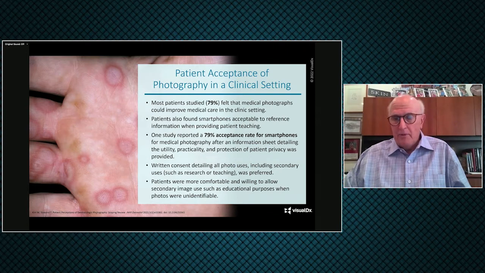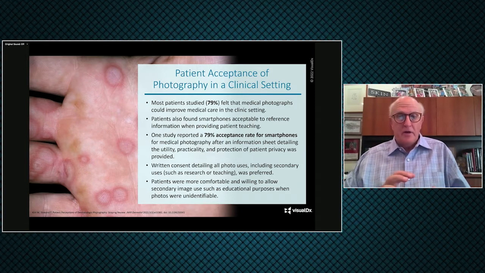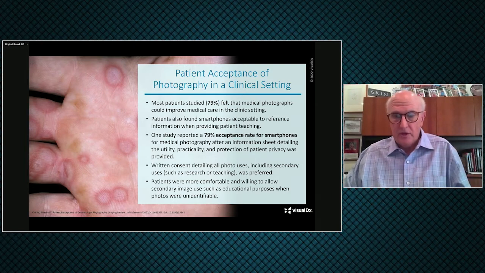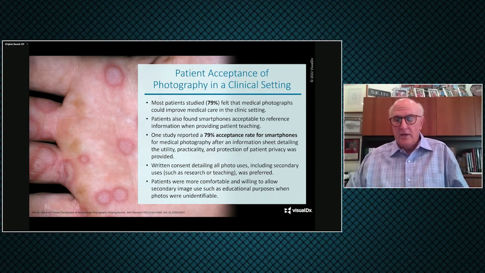We'll talk a little bit more about smartphones because there are definite issues with using your smartphone, whether it's going directly into the chart, what type of compression the phone has, and whether the image is later useful for, say, publication when you're using a smartphone.